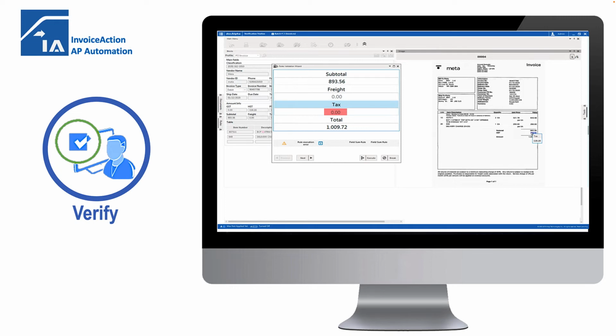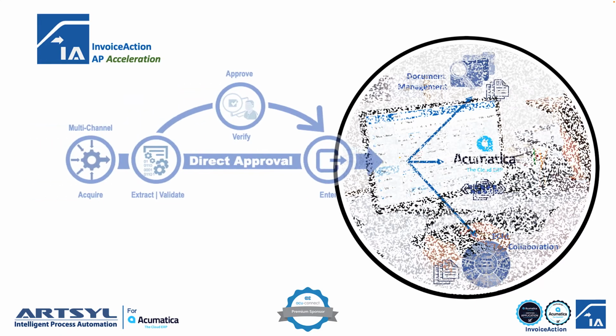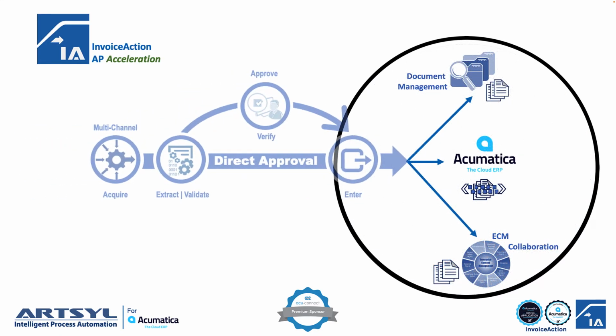When doing this, InvoiceAction's machine learning will remember the data required such that the next time this vendor's invoice comes through, it will eliminate future exceptions. When there are no further exceptions or required approvals, the invoice and data is entered into Acumatica, and it can be simultaneously entered into document management and ECM platforms.